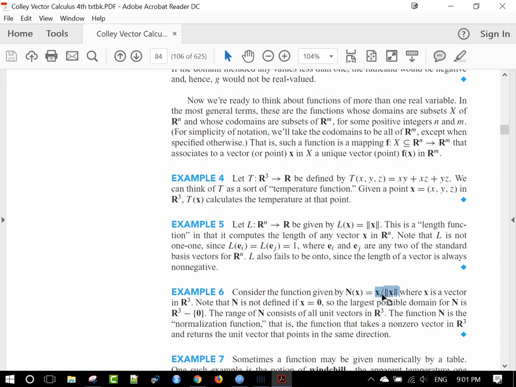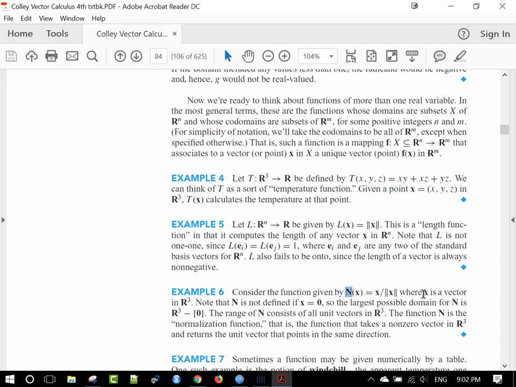We're dividing a vector by a length, but that doesn't change that it's still a vector. So the input is a vector and the output is a vector. Therefore this is bold.